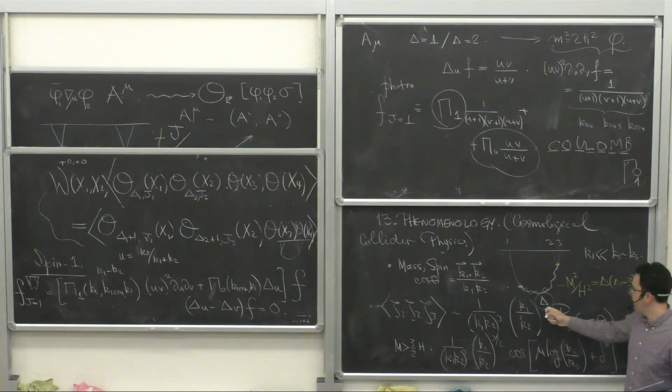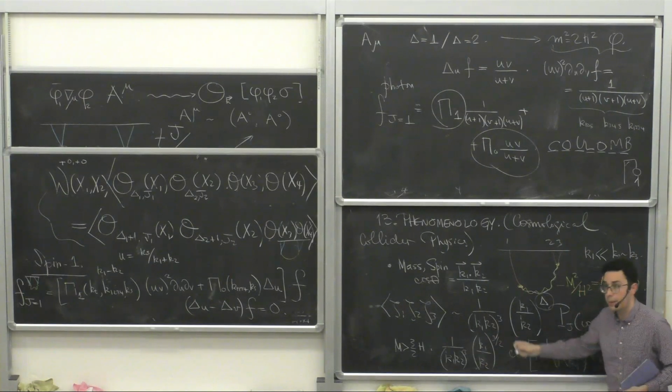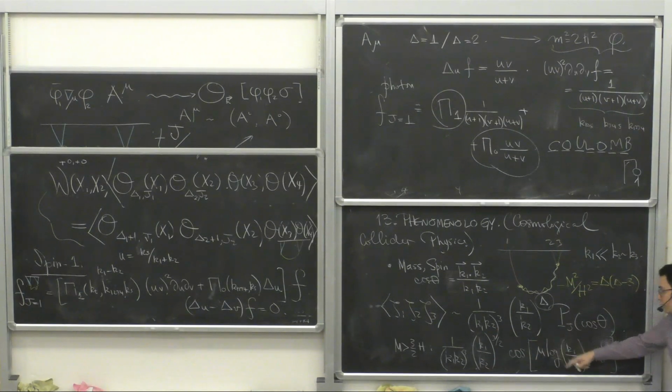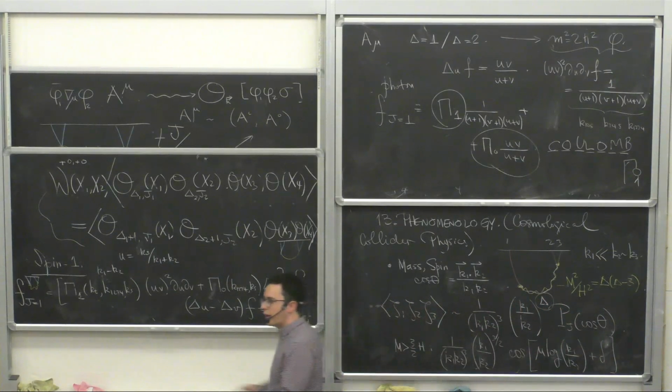So I'm just writing the two delta contributions and adding them up, so I get some envelope and the oscillations. Unfortunately, for the real world, if you really want to detect this, the oscillations are logarithmic, so you would need a very long baseline, very big ratios, to be able to see the oscillations.